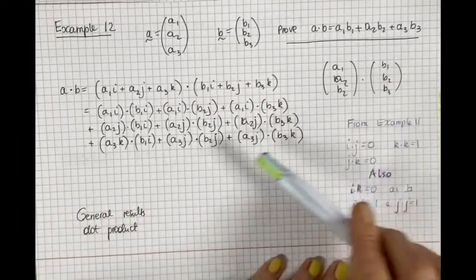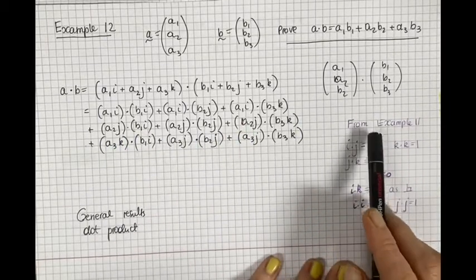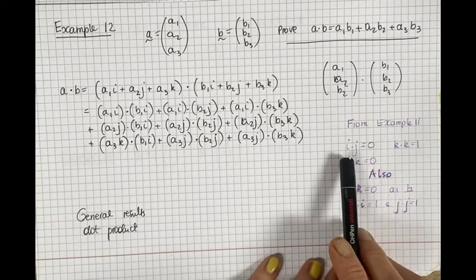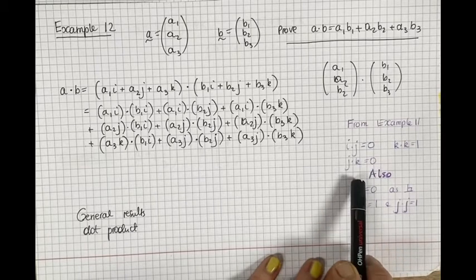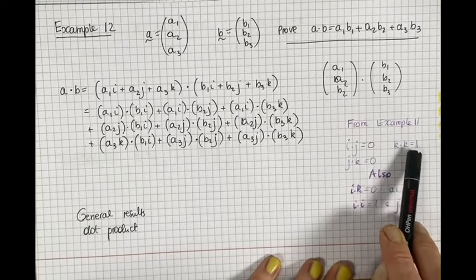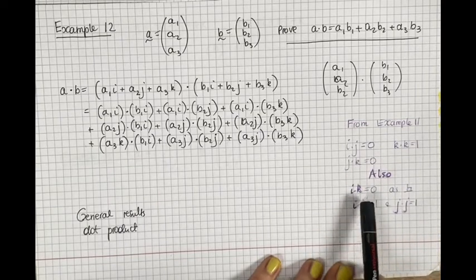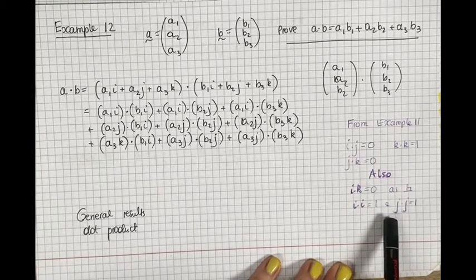From example 11, if you remember, if two vectors, so i and j, or j and k, were perpendicular, the dot product worked out to be 0. k and k multiplied together gives you 1. Following this, ik will be 0, ij will be 0, and j dot j is going to be 1 as well.